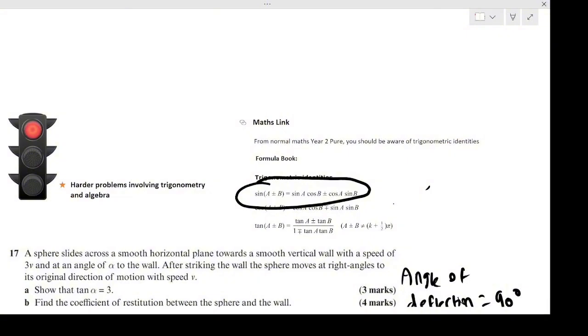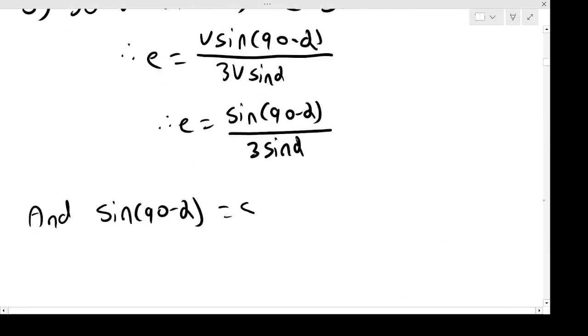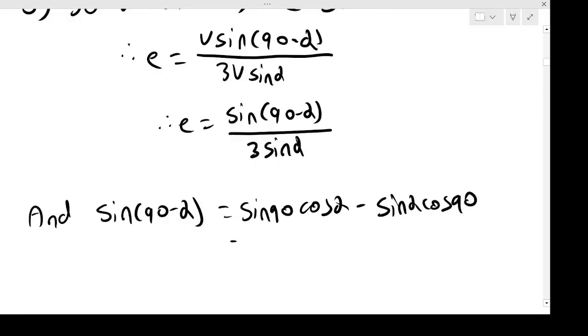So if I sub A and B for 90 take away alpha, that's going to be sine 90 cos alpha take away sine alpha cos 90. Then I can evaluate sine and cos of 90.